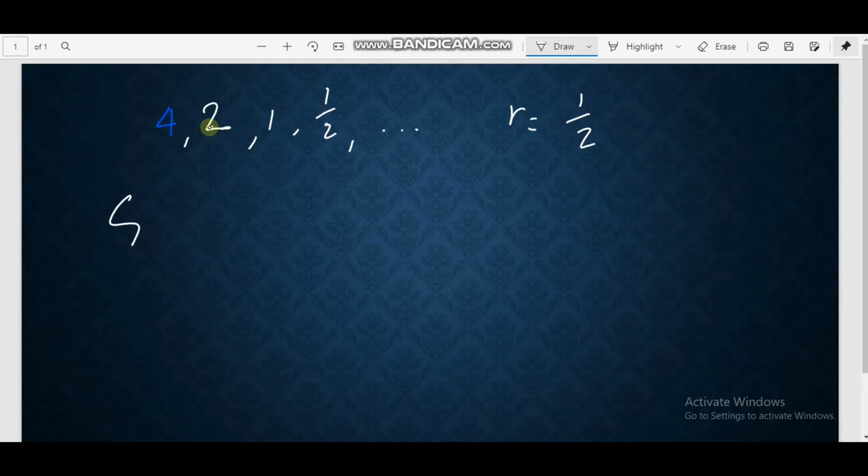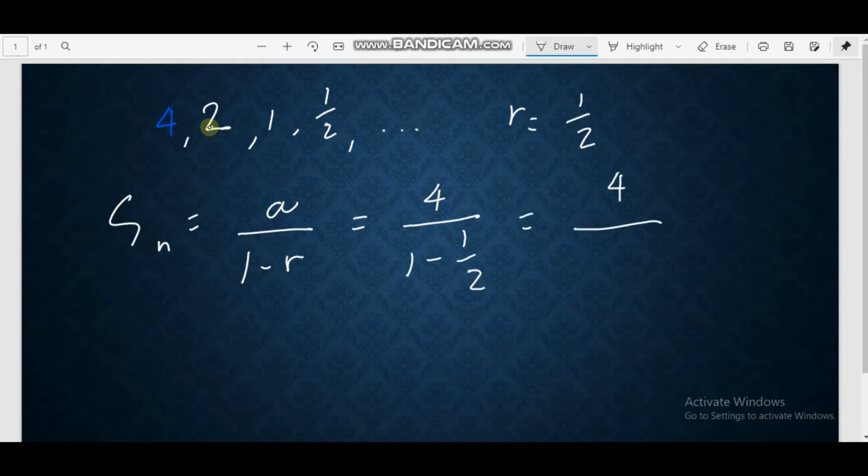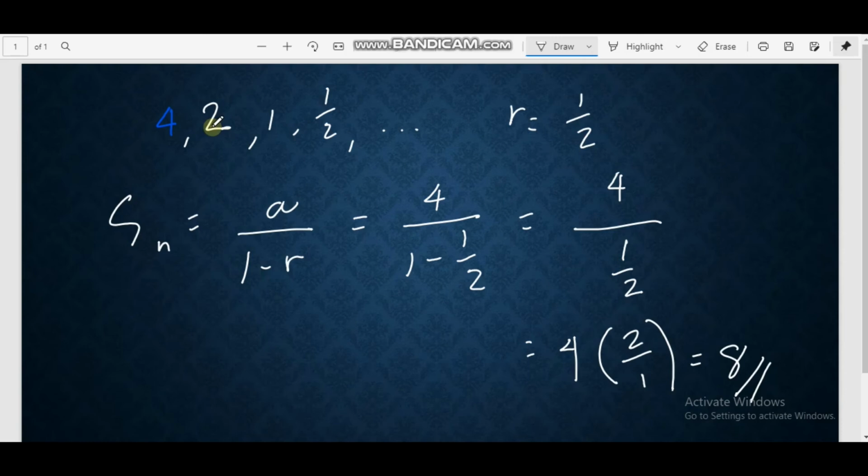To find the sum of this geometric sequence, we have the formula a over 1 minus r. Our a is the first term, which is 4, and 1 minus the common ratio 1/2 is 1/2. So you have 4 times the reciprocal, 2 over 1, which is 8. So our sum is 8.